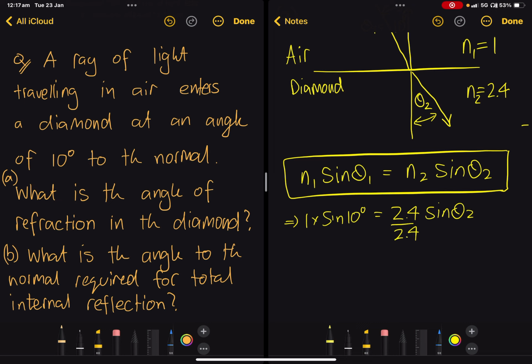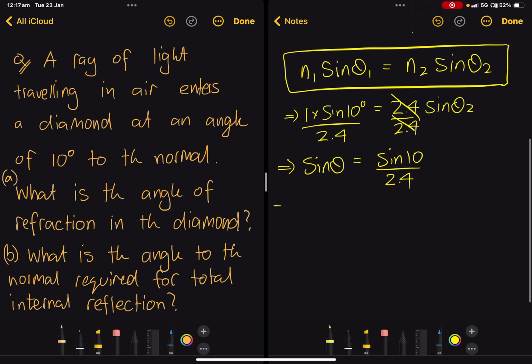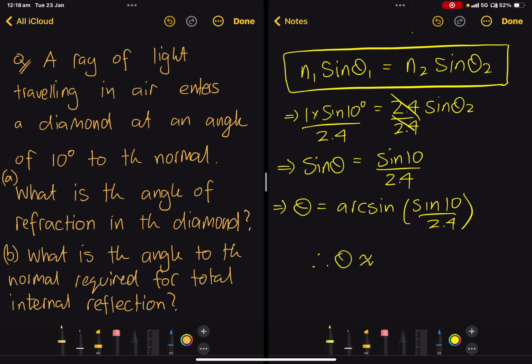So divide both sides by 2.4. This cancels this. We have sine theta 2 is sine of 10 over 2.4. We now apply the arc sine to both sides, so theta 2 is arc sine of sine 10 on 2.4. Now we can put this in our calculator and generate a decimal approximation.